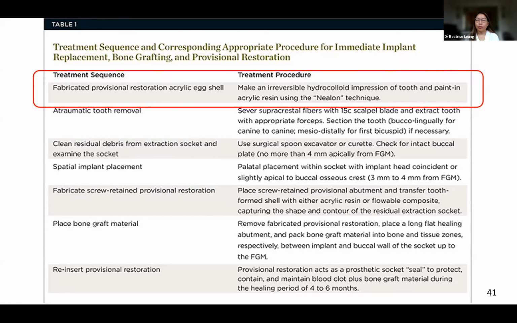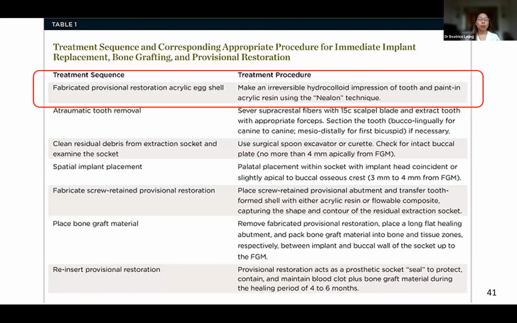Okay, so everyone just thinks, oh yeah, just remove the tooth, place the implant, and then make a temporary crown. But just like when you do your crown, when you do your bridge, before you pick up your handpiece, you have to have a plan for how to make your temporary, right? So you may decide to do a chairside, do an impression of the tooth before you prep it, but there are times the tooth is missing or partly gone.